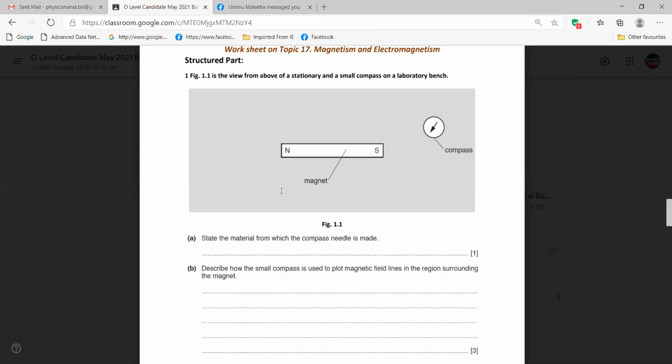Okay, electromagnet. We got the idea in the right hand grip rule. That one is giving us the idea of how the North Pole is created, right? So we'll use that idea. You have, I think, one note in your copy.